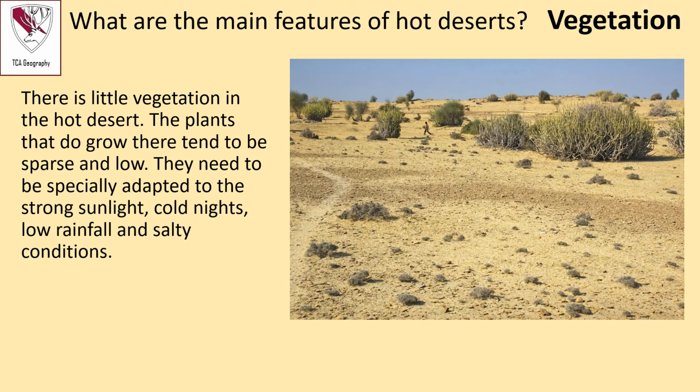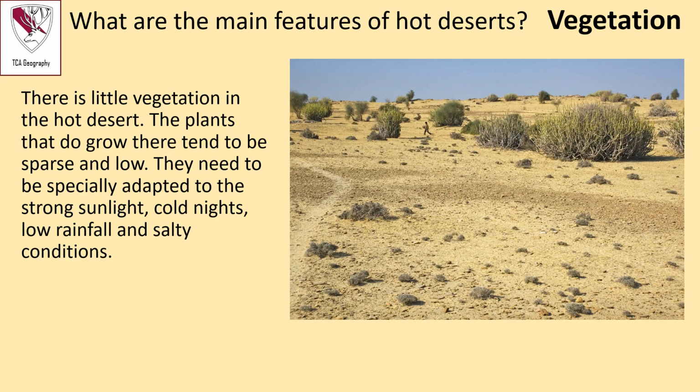Here's a typical photograph of an area of desert. There's a person halfway towards the background, and you can see that even these large shrubs are not much taller than a person. They might be up to about 2 meters. That's not very much, considering that some of those trees in the tropical rainforest grow 25 times the size of that.